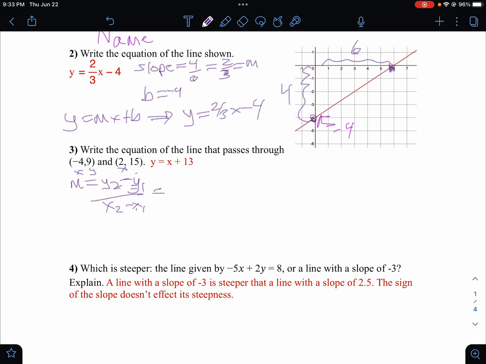So I'll go 15 minus 9 over 2 minus a negative 4. So 15 minus 9 is 6. 2 plus 4 is also 6, so my slope is 1.